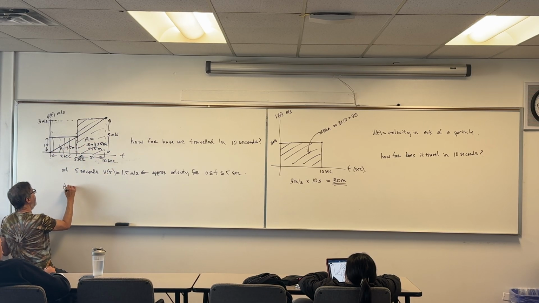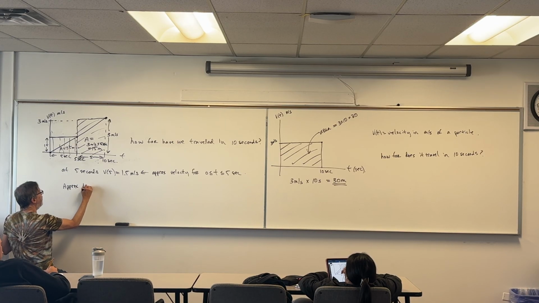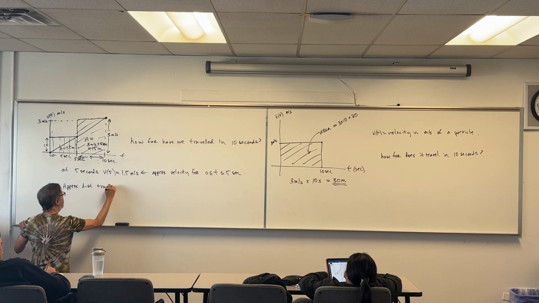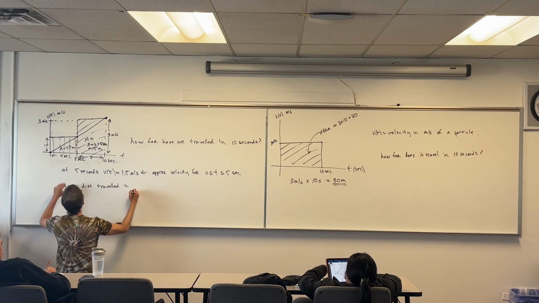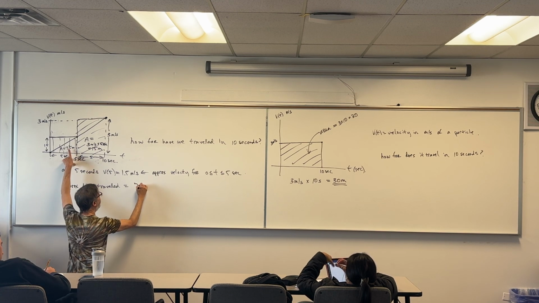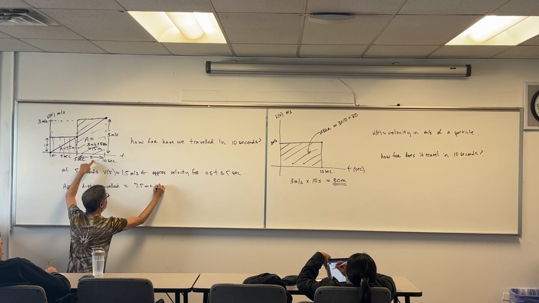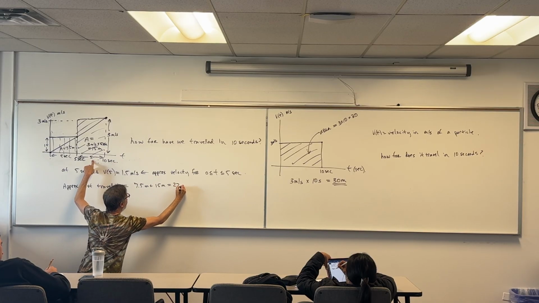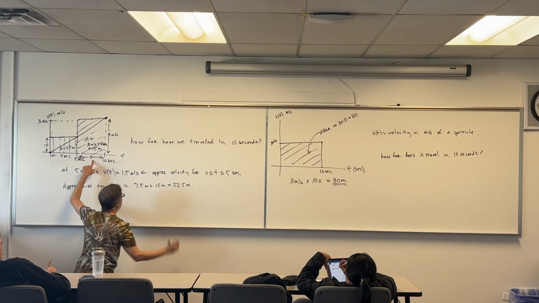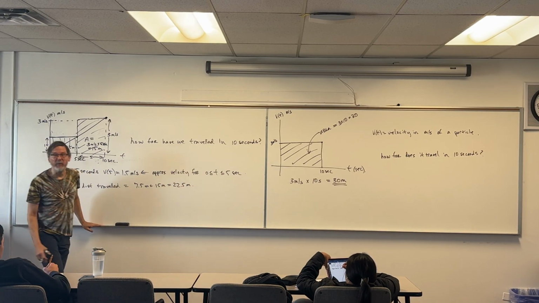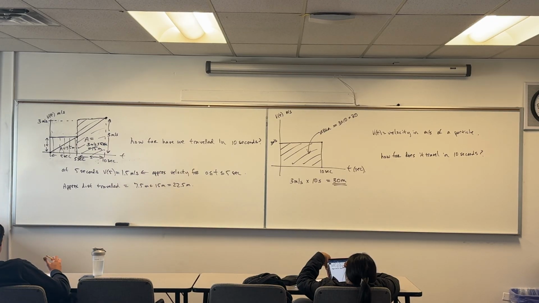So approximate distance traveled equals 7.5 meters plus this 15 meters, and that looks like 22.5 meters. Is that a pretty good estimate, you think? Is it over or under the truth?